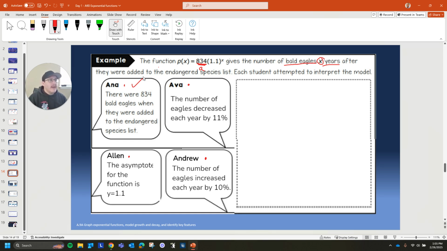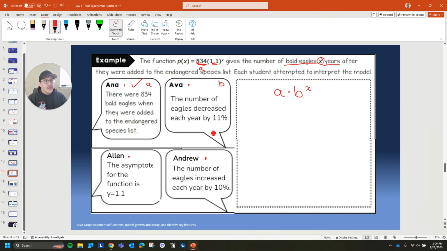Ava, the number of eagles decreased each year by 11%. Well, let's look at the inside right here. This was talking about the A value. This is now talking about the B value. Because remember, our exponential equation is A times B to the X value. A is the constant, B is the base. So we're talking about the base.